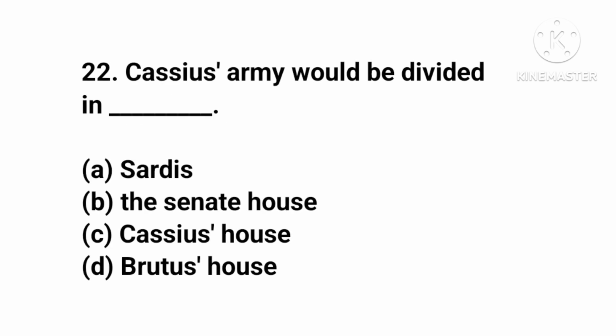Now coming to number 22. Cassius's army would be divided in dash. Option A, Sarris. Option B, the Senate House. Option C, Cassius's house. Or option D, Brutus's tent. So remember, Cassius's cavalry is going to be split into two.